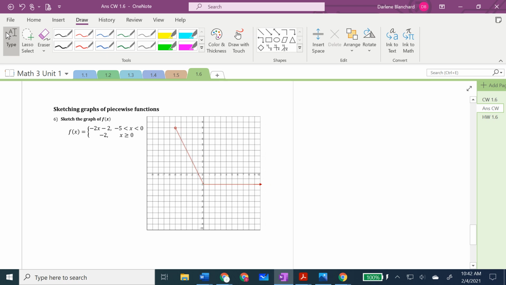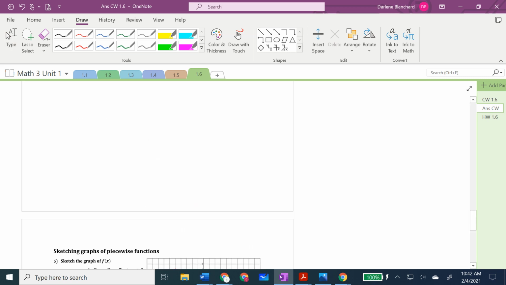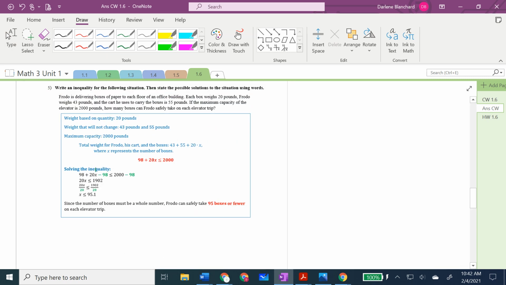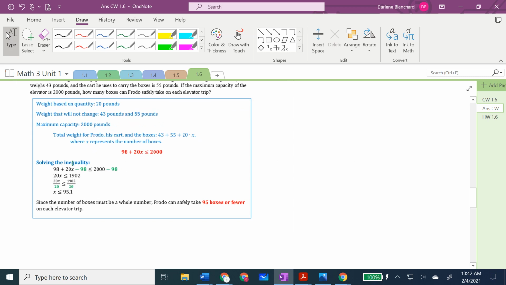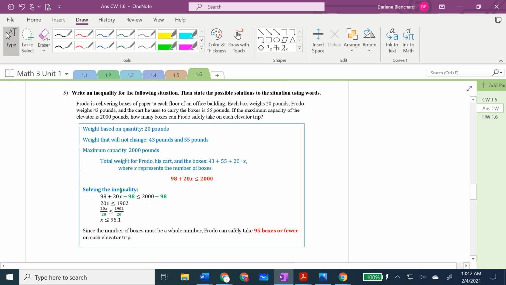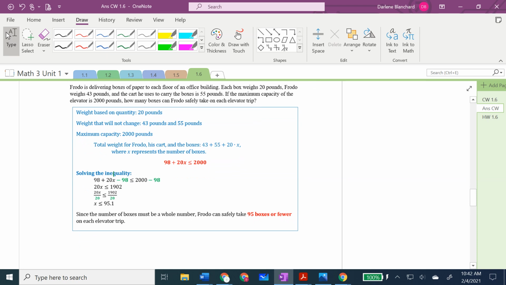What? Oh, I was just saying for this classwork, this Frodo question, I just thought about it in my head, and when I did, I just got 95. It showed in your answer 95.1, but wouldn't you just kind of just... Well, I said x is just about equal to 95 because you can't really take 0.1 of a box, and you kind of have to change your measurement, right?